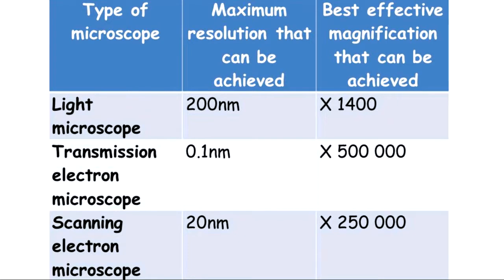Transmission electron microscope, 0.1 nm, magnification is 500,000. Scanning electron microscope is 20 nm and magnification available is 250,000. So there are different types of electron microscope: transmission electron microscope and scanning electron microscope. These are the two major types of electron microscope.